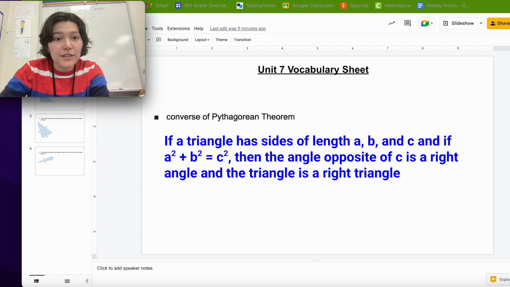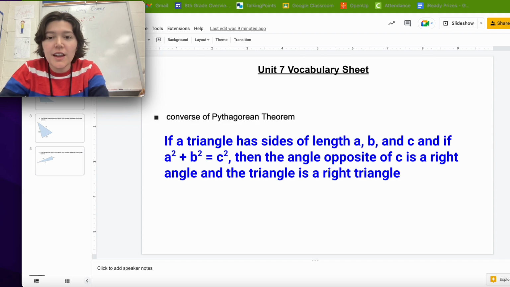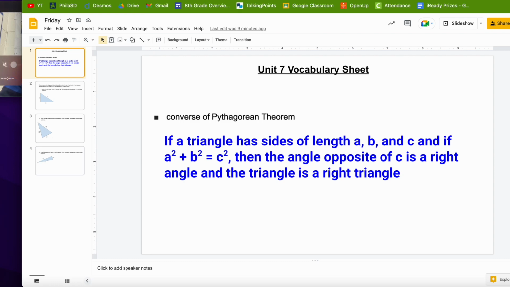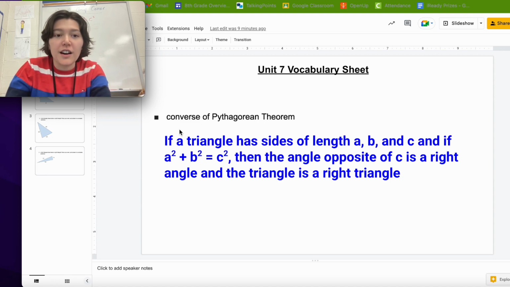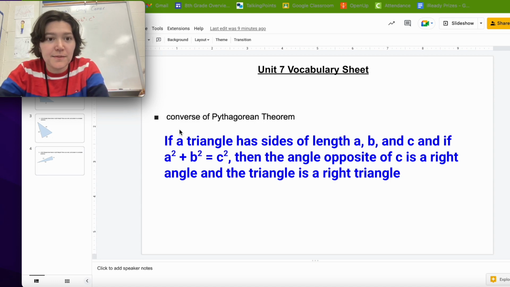For the notes, today we're talking about the converse of the Pythagorean theorem, and this is a vocabulary word on your vocabulary sheet, so you should take a moment and pause here and write down the definition of the converse of the Pythagorean theorem.